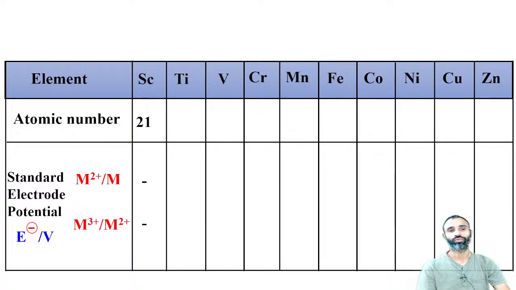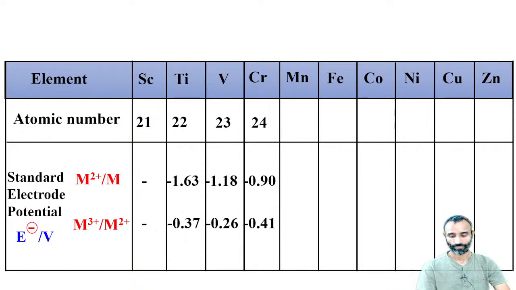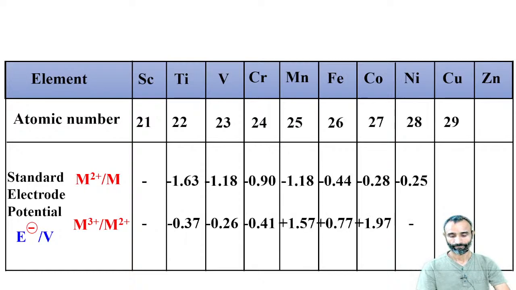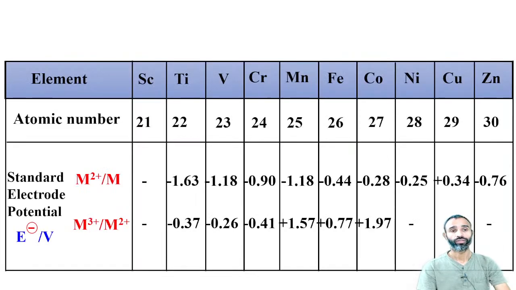Standard electrode potential you can see. So see, first minus 1.63, and then it decreases, means it becomes less negative, overall it increases up to chromium, and then there is again a dip.